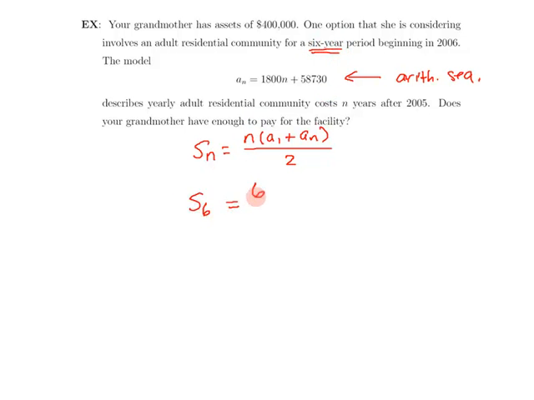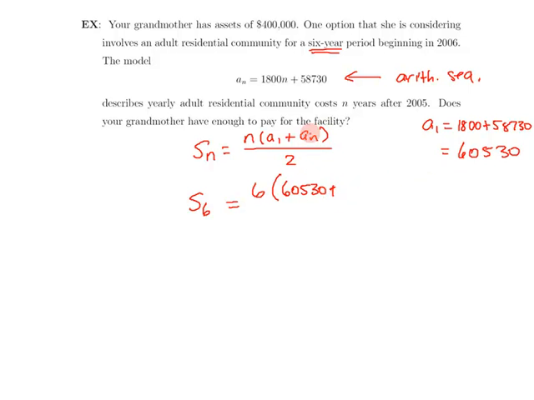So S sub 6 would be plugging in 6 for n. Now A1 means plug in 1 right here. A1 is 1800 plus 58,730, or 60,530. That's A1. Now what is A6?